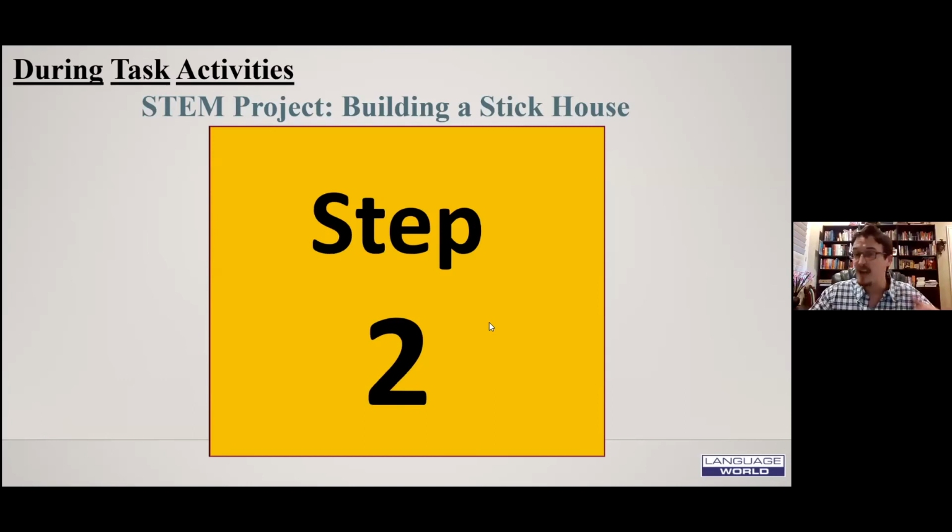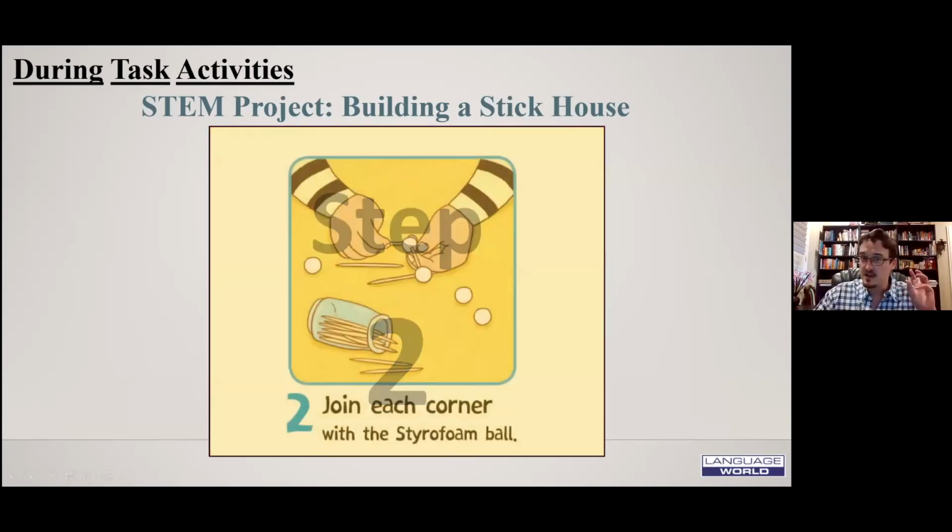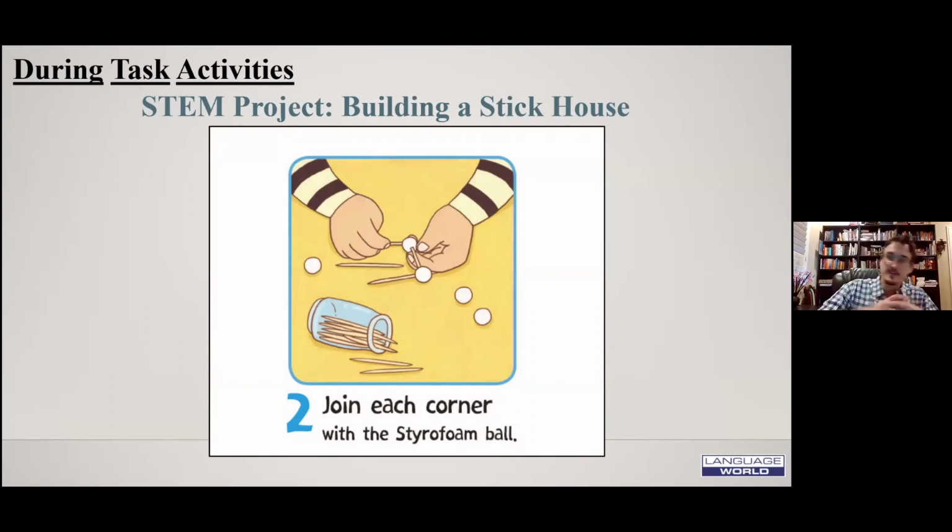For the sake of time, I'm going to move a little more quickly. Is this what you saw? Were you seeing the corners being connected? If my students are just sitting there with the materials, it tells me maybe they don't know what join means. Connect, put together. You try different terms.